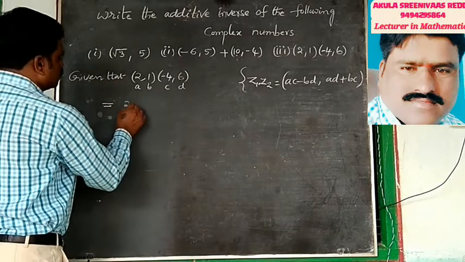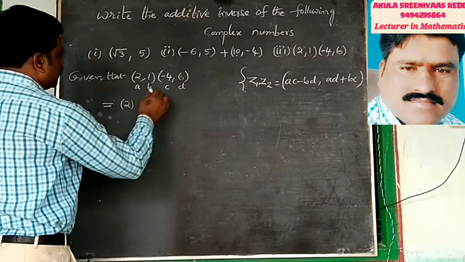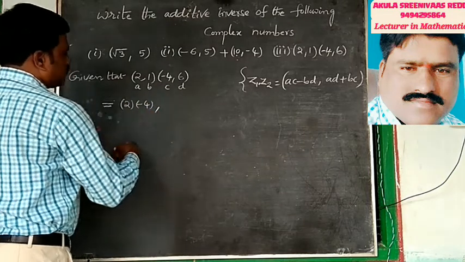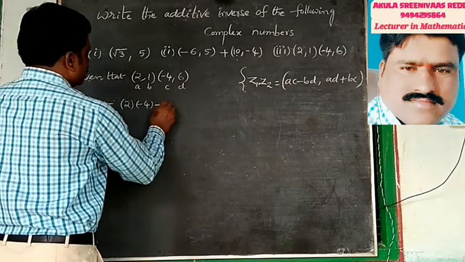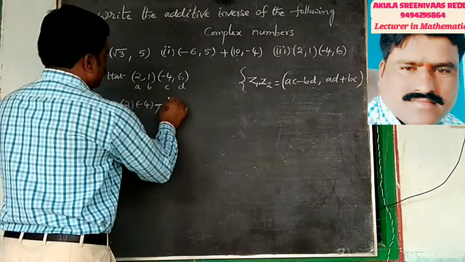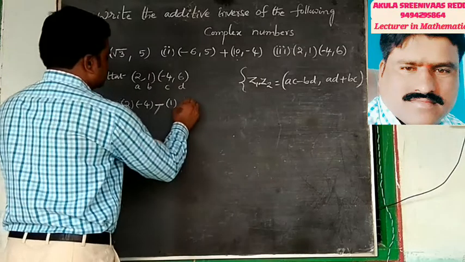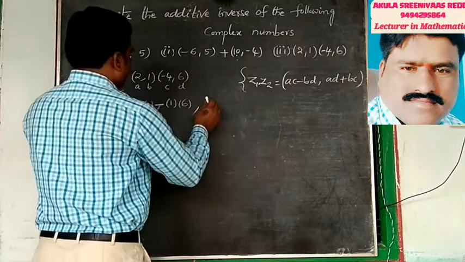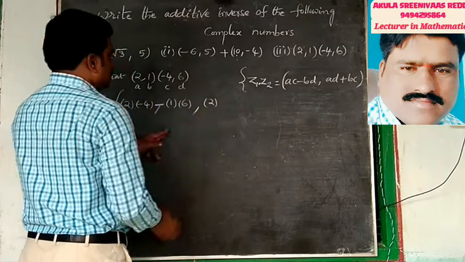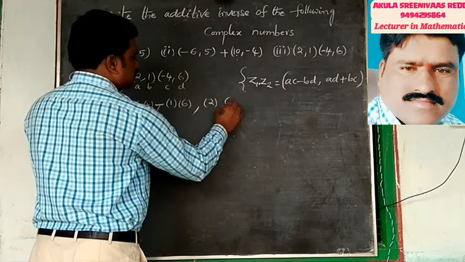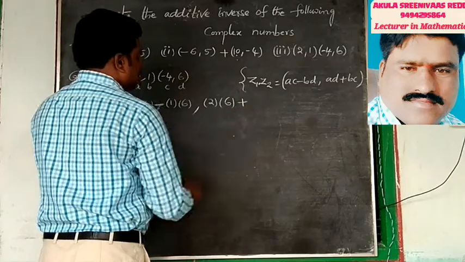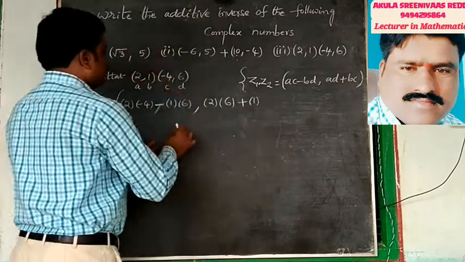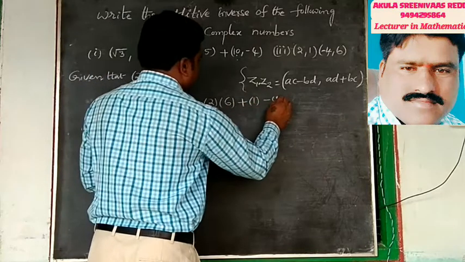That is equal to a means 2, c means -4, minus b value is 1, d value is 6, a value is 2, d value is 6, plus b value is 1, c value is -4.